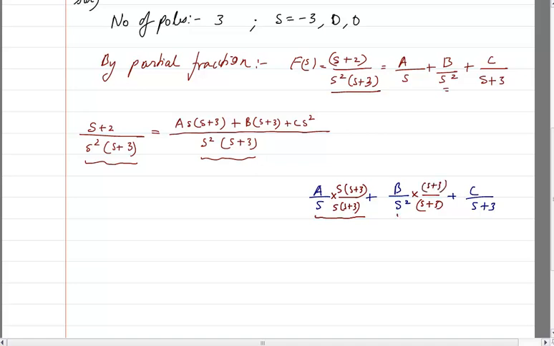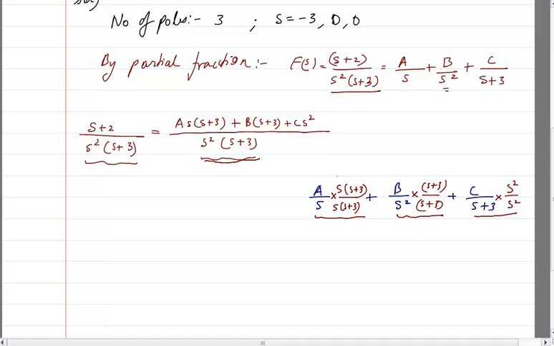So now I have the denominator s squared into s plus 3. Here what should I multiply with? I should multiply with s squared in the denominator and s squared in the numerator. So now here also the denominator is s squared into s plus 3, and that is what is written here as the denominator.